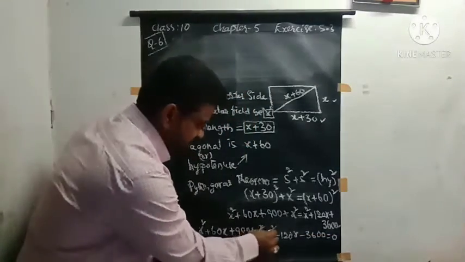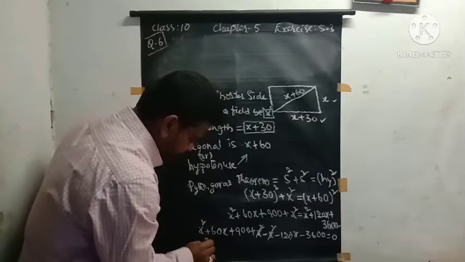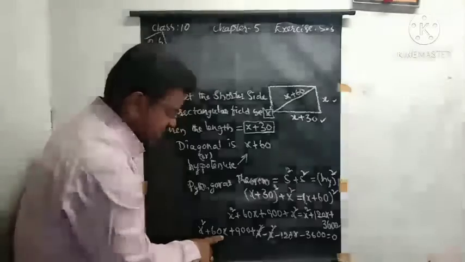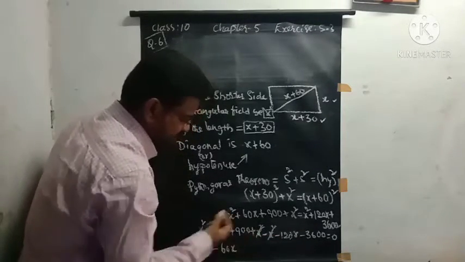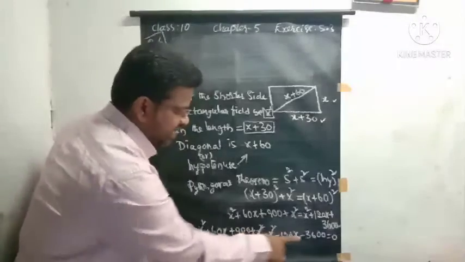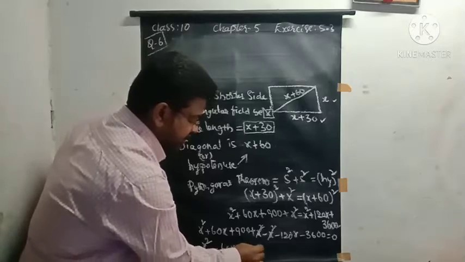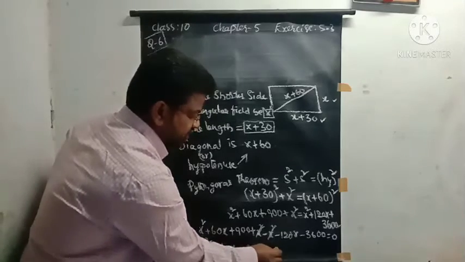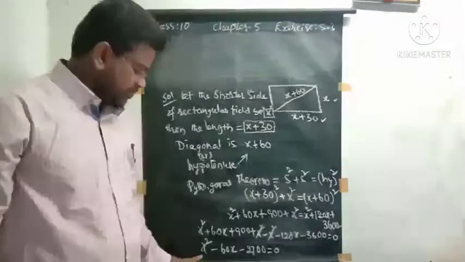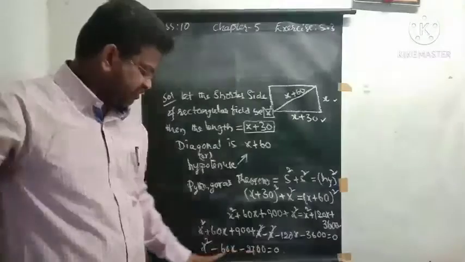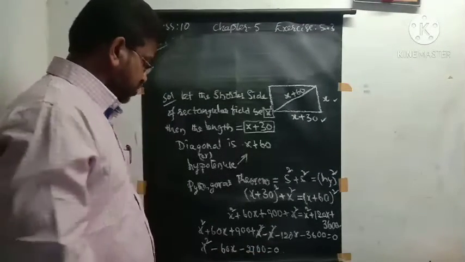Plus x square minus x square, so we get x square here, plus 60x minus 120x, we get minus 60x, plus 900 minus 3600, minus value is greater, we get minus 2700 is equal to 0. Yes, we derive a quadratic equation, x square minus 60x minus 2700 is equal to 0.